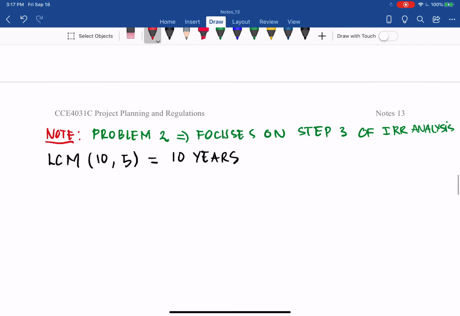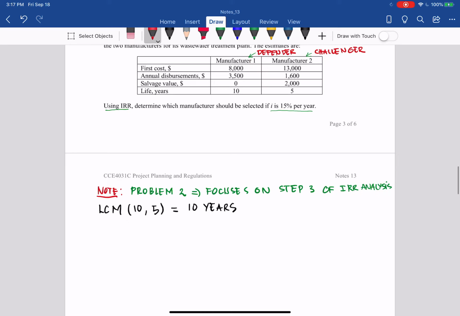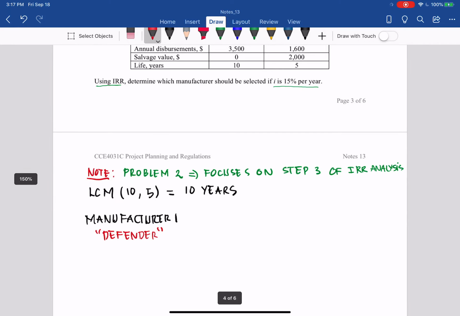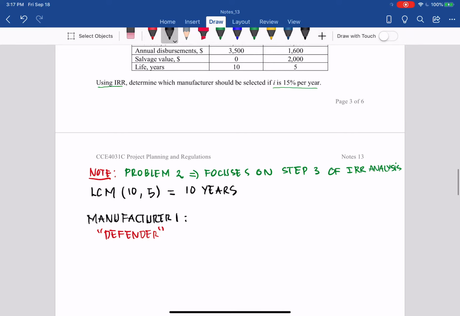So with that, we can draw the cash flow diagram for manufacturer 1, the defender, here for 10 years, as you already know.